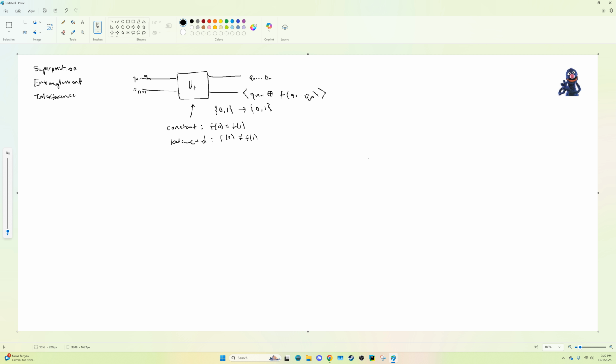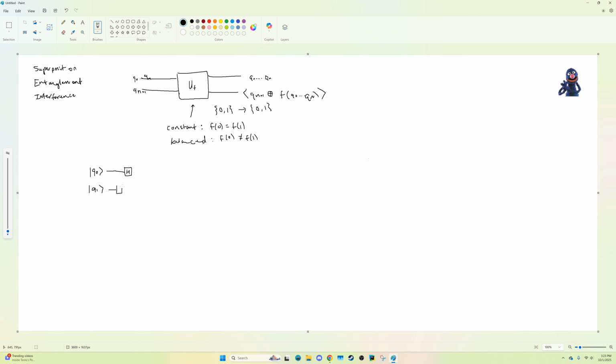So the design of Deutsch's algorithm is essentially you start with Q0 and Q1. What happens is the top input passes through a Hadamard gate.